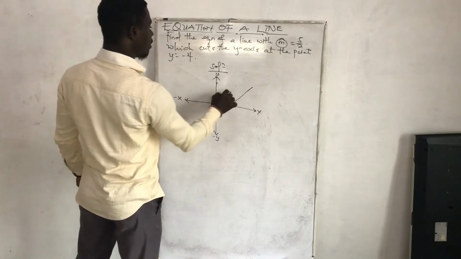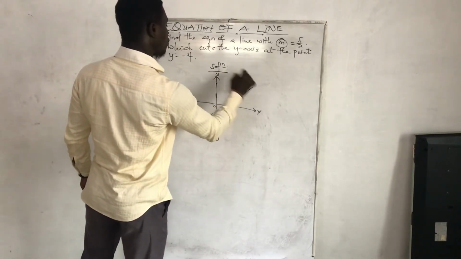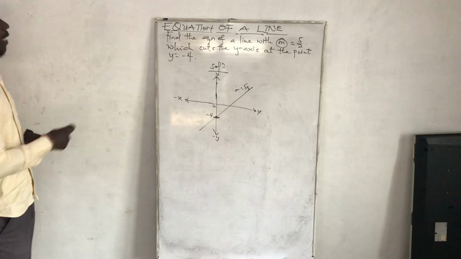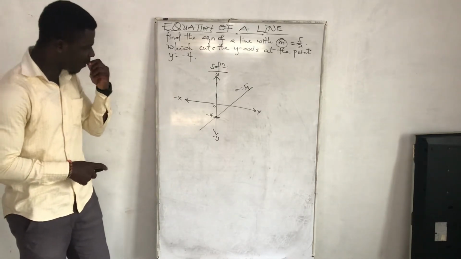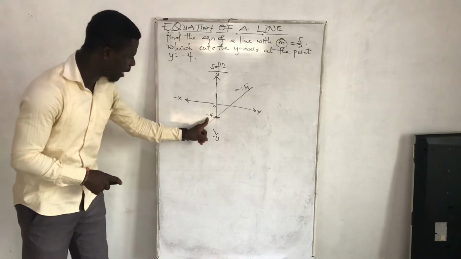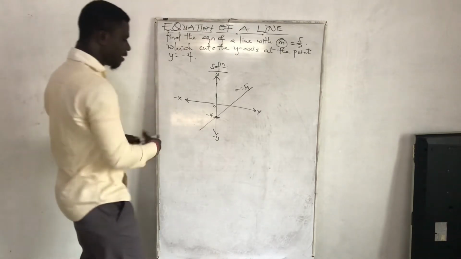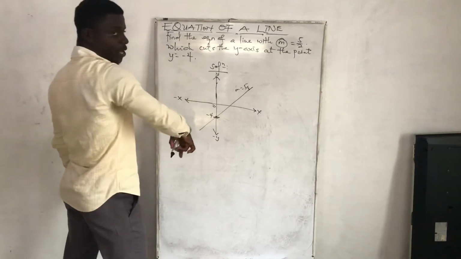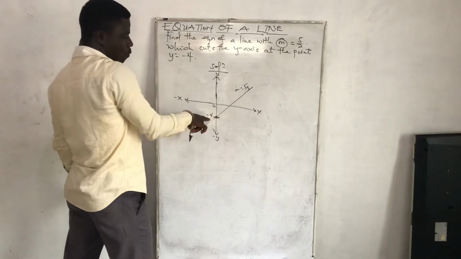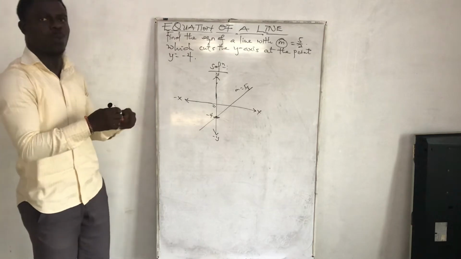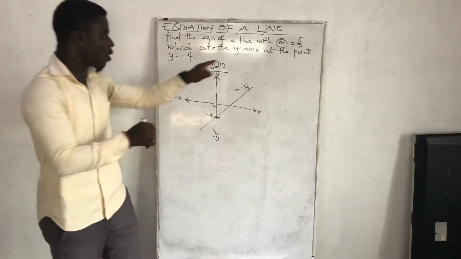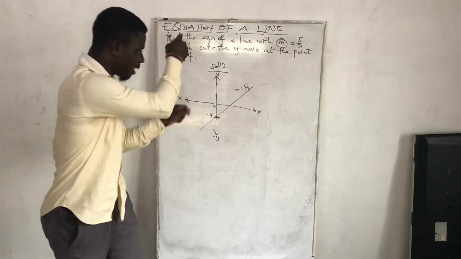So now, my gradient is 5 on 2. They said we should find the equation of the line, which cuts the y-axis. Now, if it cuts the y-axis at point y equals -4, then that means x is 0. If x is 0, y is -4. That's the y-intercept. So this is called the y-intercept, meaning that that straight line cuts the y-axis.